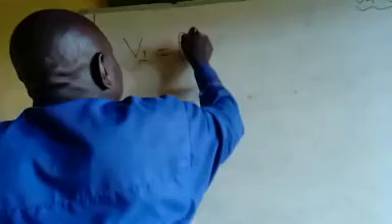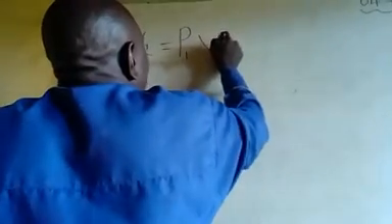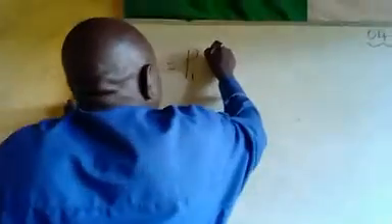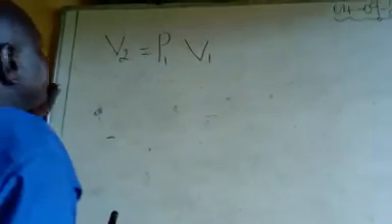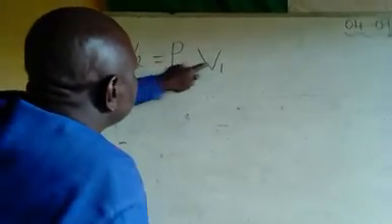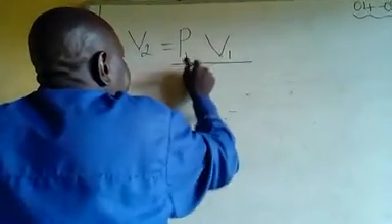Now I'm going to make this V2 the subject of the formula. V2 equals P1 V1 all over P2.